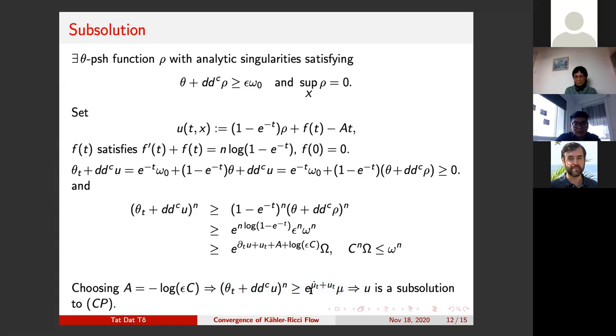Okay, so I skip this lemma. So it's basically if you have some inequality in the sense of pluripotential theory, you can have this inequality in the viscosity sense. Okay, so I skip this lemma for the moment for this talk.